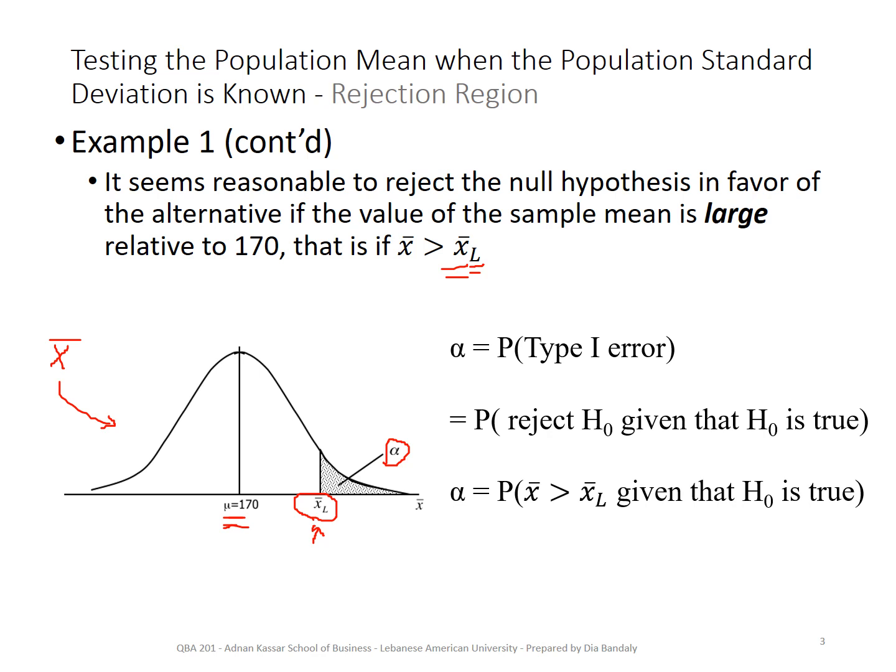So I'm going to build on that. Alpha is the probability of a type 1 error. And when do we make a type 1 error? When we reject H0, given that H0 is true, which means this is still valid. X bar belongs to that distribution, and I'm rejecting that.